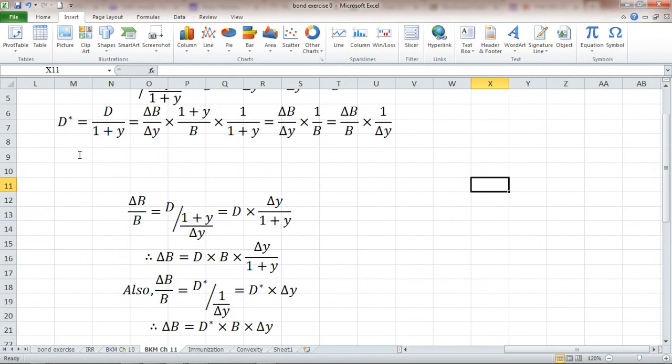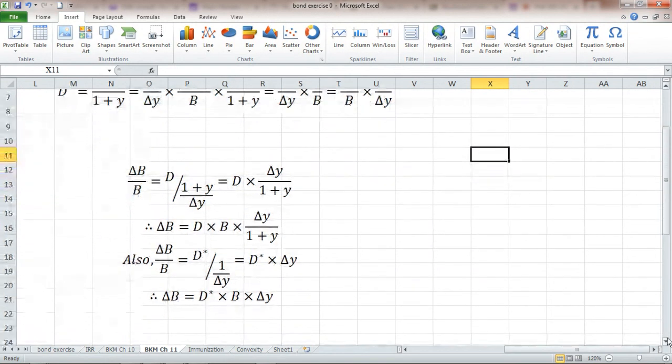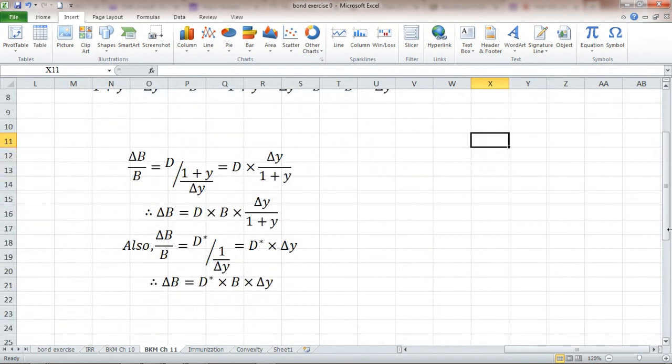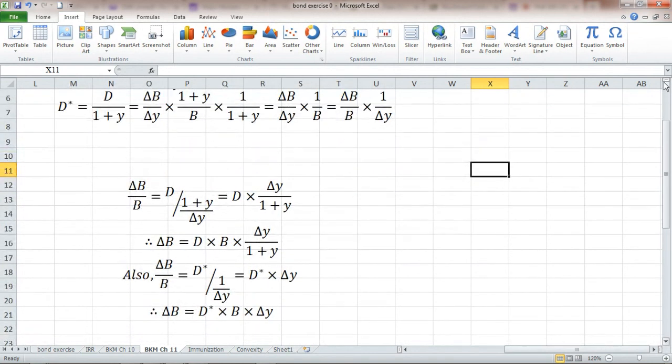Also, if we use modified duration, the percentage change in bond price, because modified duration is like this. Modified duration is change in bond price times 1 over change in y.